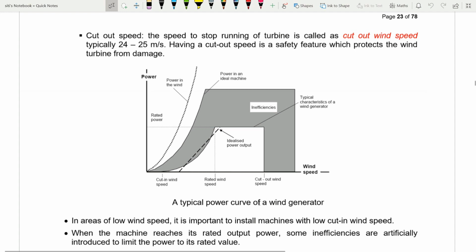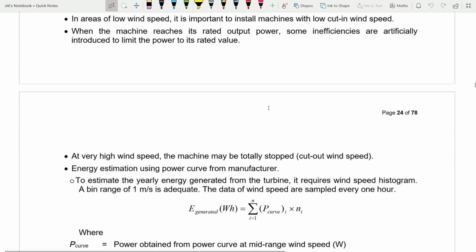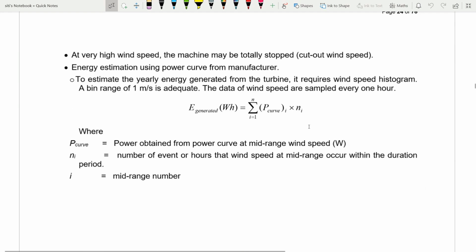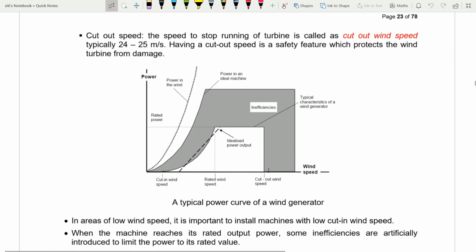When the machine reaches its rated output power, some inefficiency is artificially introduced to limit the power to its rated value. So this is the area of inefficiency. At very high wind speed, the machine may be totally stopped. So they totally stop here, which is the cutout wind speed.